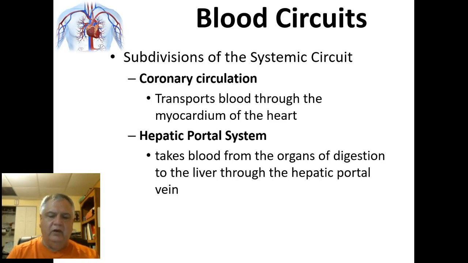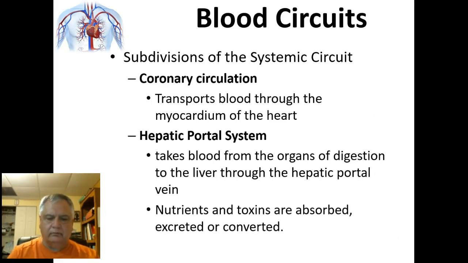Hepatic, ic, means pertaining to. Hepato means liver. So this hepatic portal vein is going to carry the blood from any of the organs of digestion to the liver and allow materials in the blood to be processed by the liver.